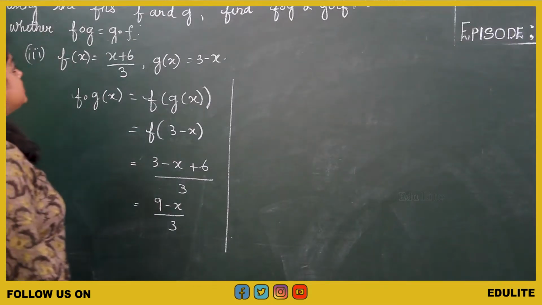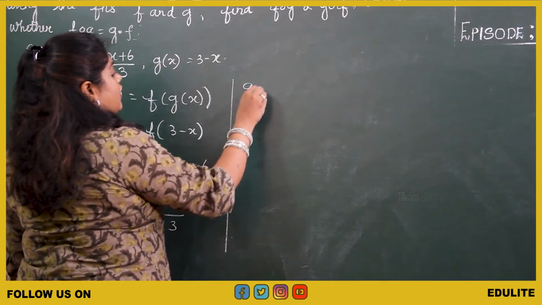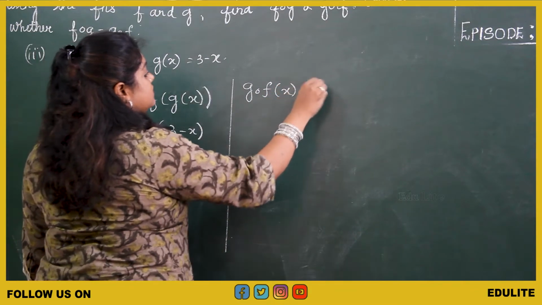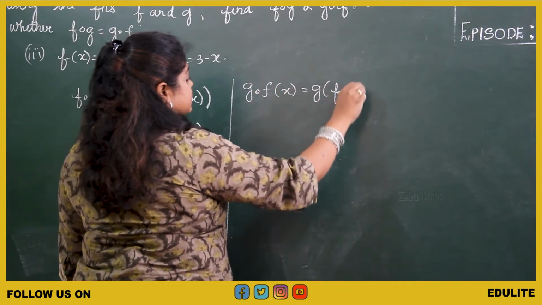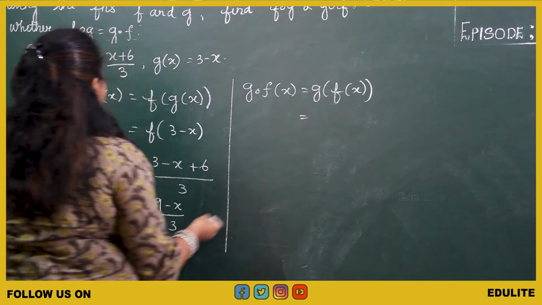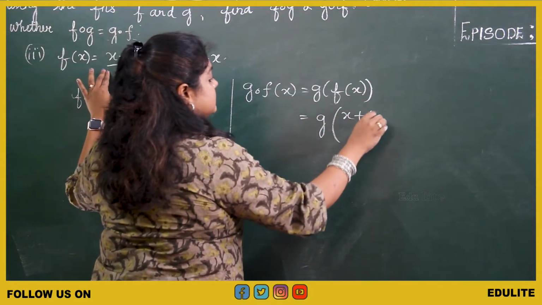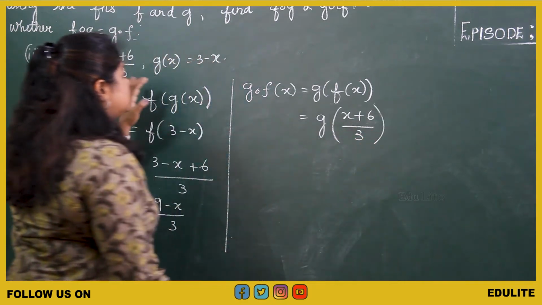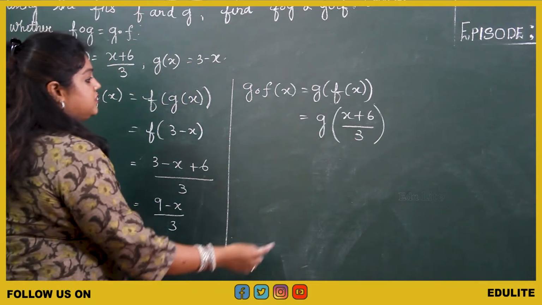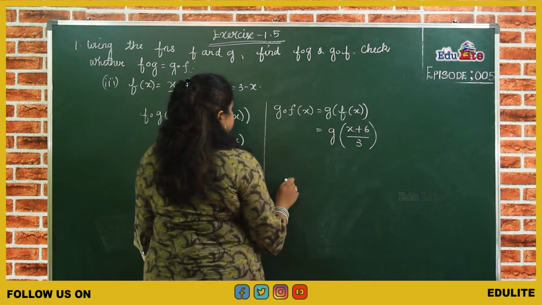Next, we have to find g composite f. g composite f of x is equal to g of f of x. First, we have to use the f of x relation. f of x relation in this problem is (x plus 6) by 3, and now we have to use g of x relation and we have to substitute the value of x as (x plus 6) by 3.